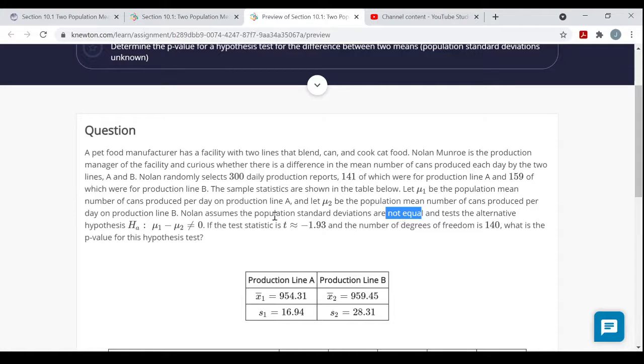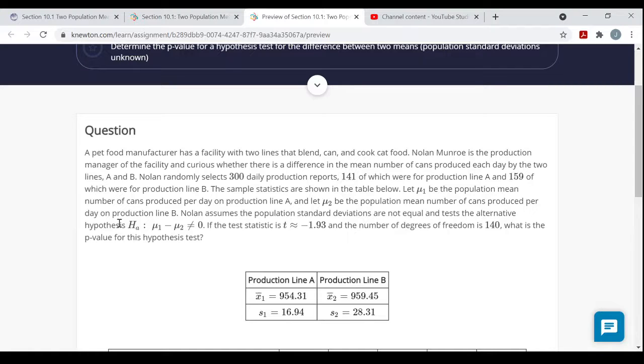If you assume that, you're in the non-pooled scenario, and the degrees of freedom for your t-distribution and the way you calculate the test statistic would all be different than the pooled situation, if you assumed they were equal.